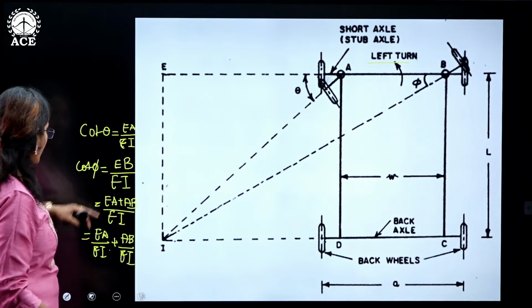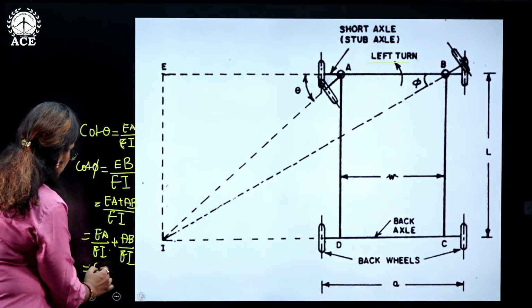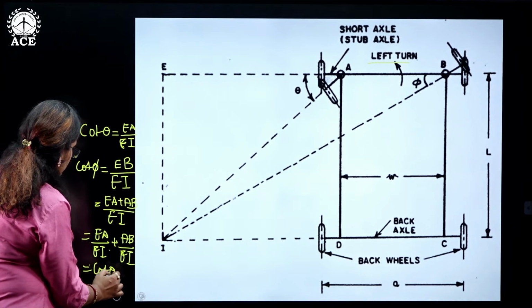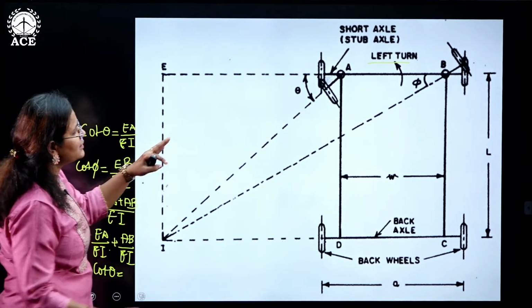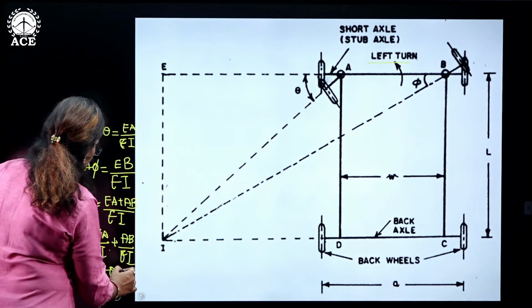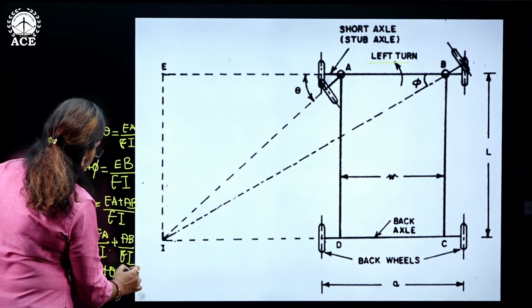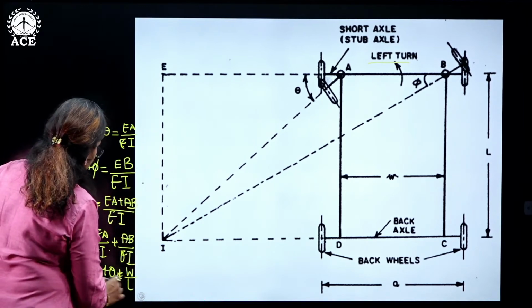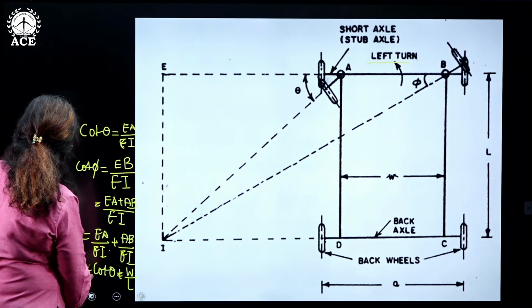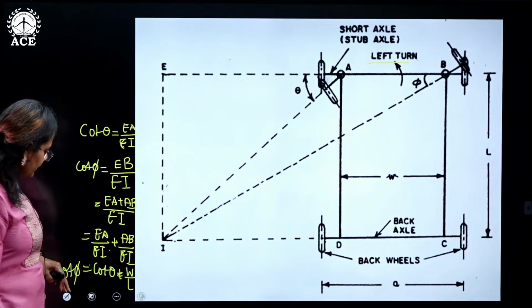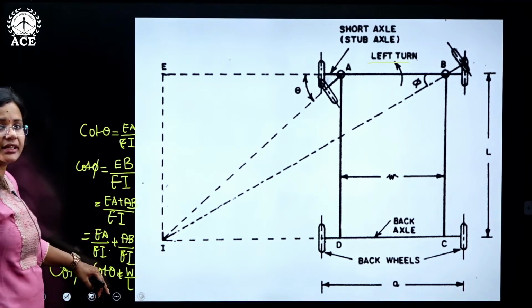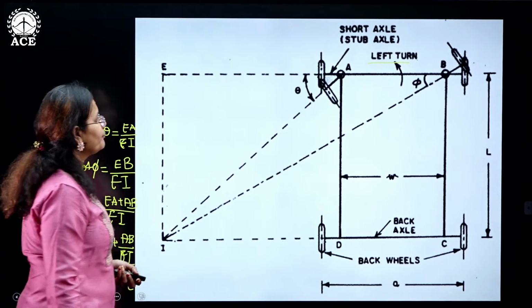So EA by EI is cot theta, and AB is nothing but W, EI is nothing but L. So this is cot phi. So I can take that cot phi minus cot theta is equal to W by L.